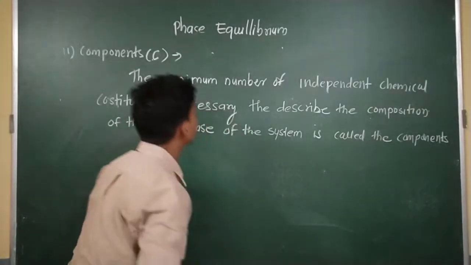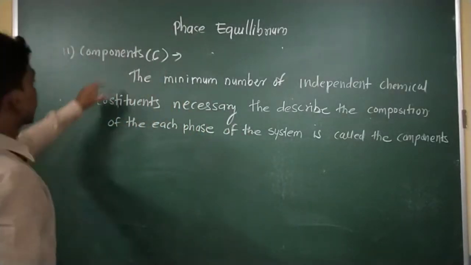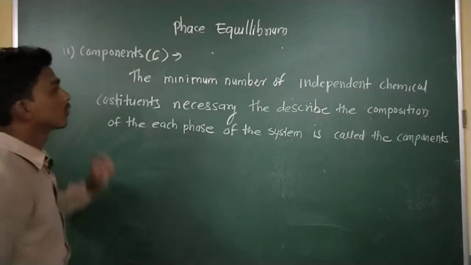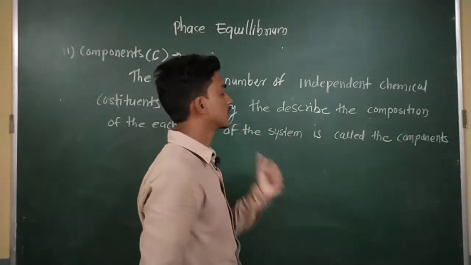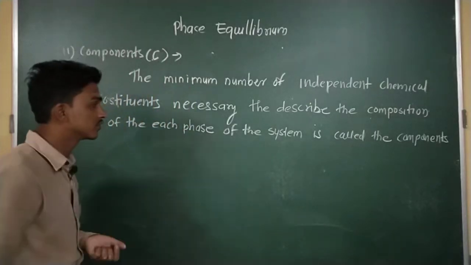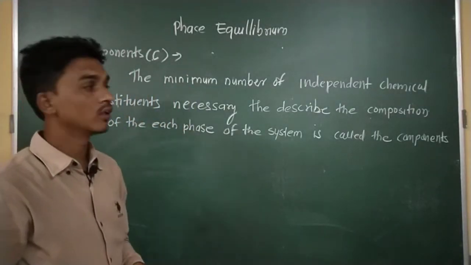Okay, so what is the definition? The minimum number of independent chemical constituents which are necessary to describe the compositions of each phase of the system is called one component.